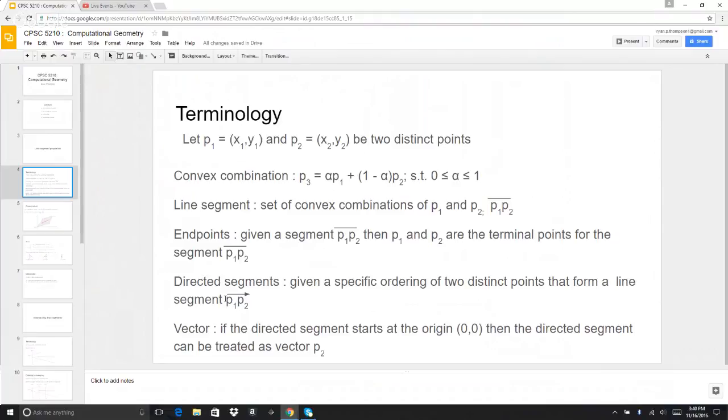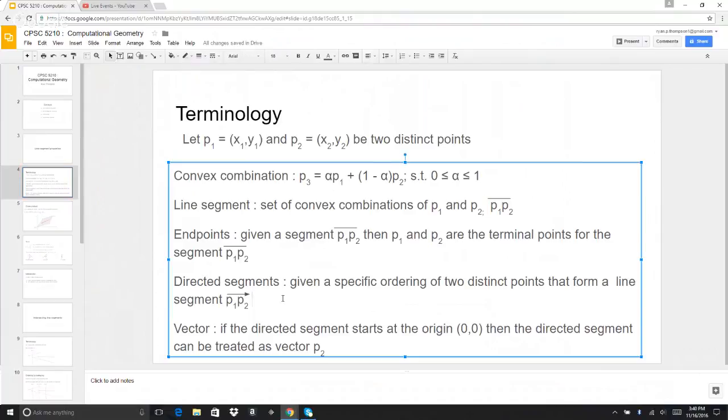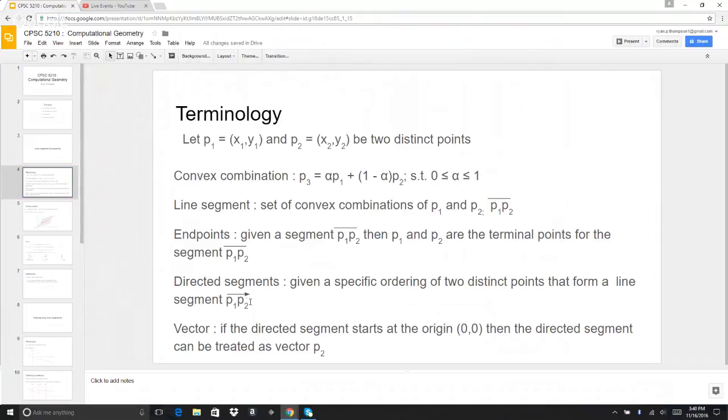That is your general notation. So the directed line segment P1, P2 also indicates which comes first and which comes second.